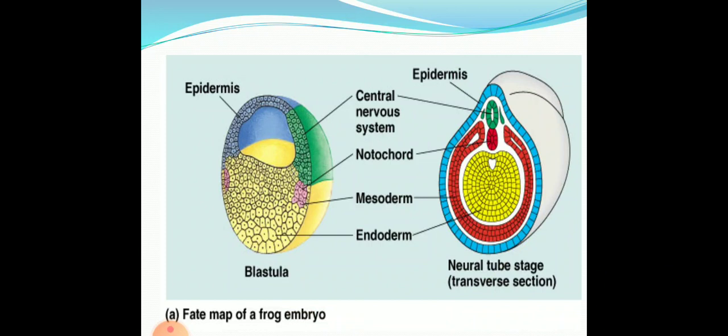The micromeres present away from it develop into the epidermal ectoderm. So the organ forming areas are well marked at the end of the cleavage. These different areas are marked by the cells present in the cleavage, micromeres and macromeres.